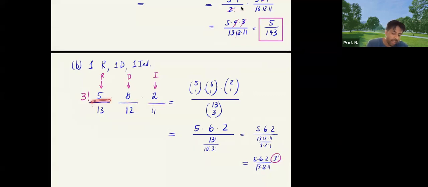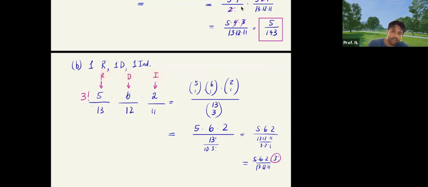I said the first slot represents the number of ways to select a Republican, 6 ways to select a Democrat, and 2 ways to select an independent. That makes sense. But why do I make this a Republican first, then a Democrat, then an independent? Shouldn't I also include the fact that this is the Democrat, Republican, independent, or a Democrat, independent, Republican?